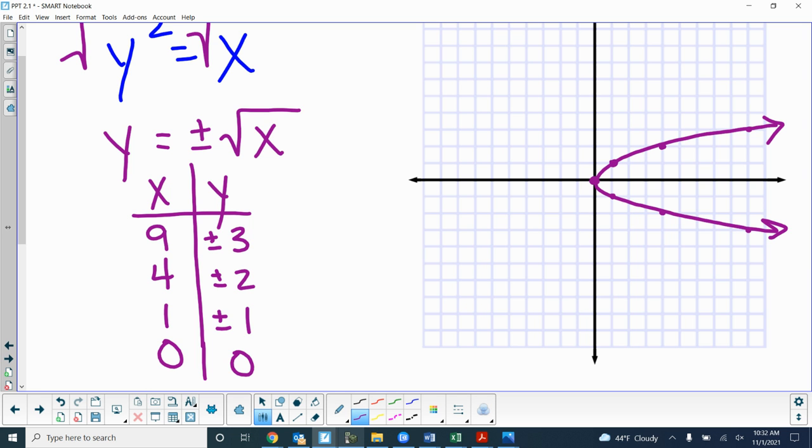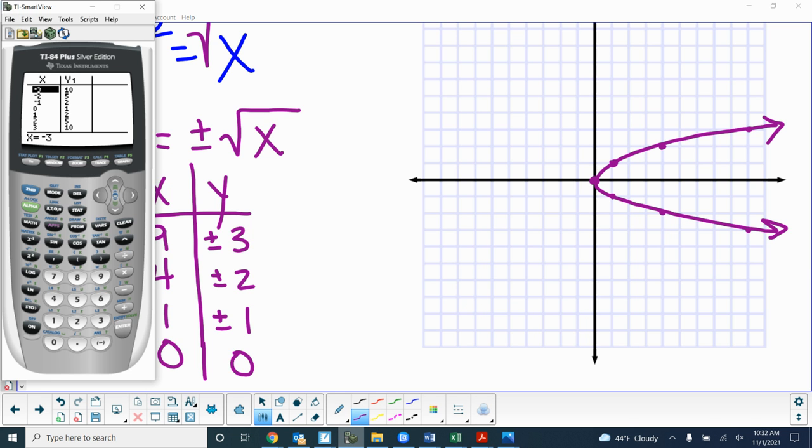Now, when you try to do this on your calculator, you have to put the positive square root of x and the negative square root of x. If you don't, you only get half of it. There's the positive half, and then there's the negative half, okay?